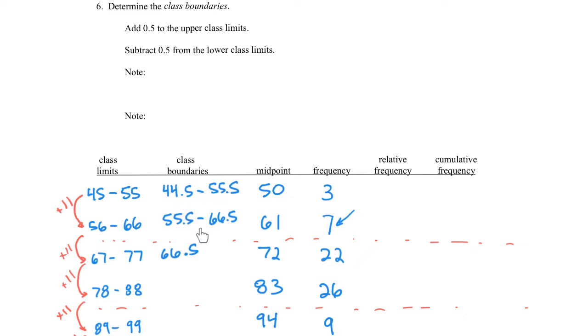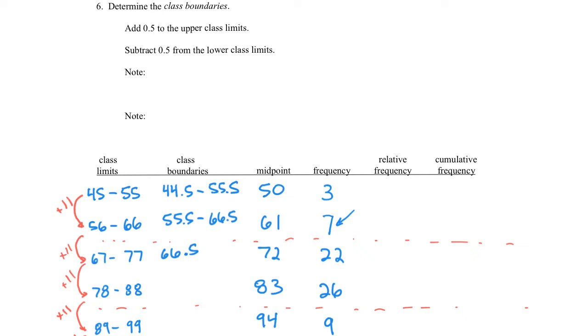So by doing this, we guarantee that if we use these class boundaries as lines on our histogram, kind of like a bar graph, these would be like the border lines, and none of the numbers will end up on a line, which is what we want. Also, the other thing it does is it makes sure that our lines will touch, which we'll see because these are the same numbers, these are going to be the same.